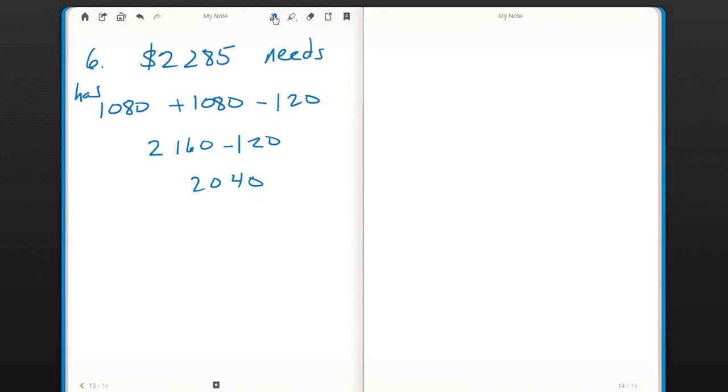Now, if I were really flexing my mental muscles, I would notice the fact that I have 80 and 80, which makes 160. Mentally, I could know that 160, take away 120, leaves me with 40, and so the 2,000 stays, and 160 minus 120 leaves me with 40, and I get the 2,040 that way.